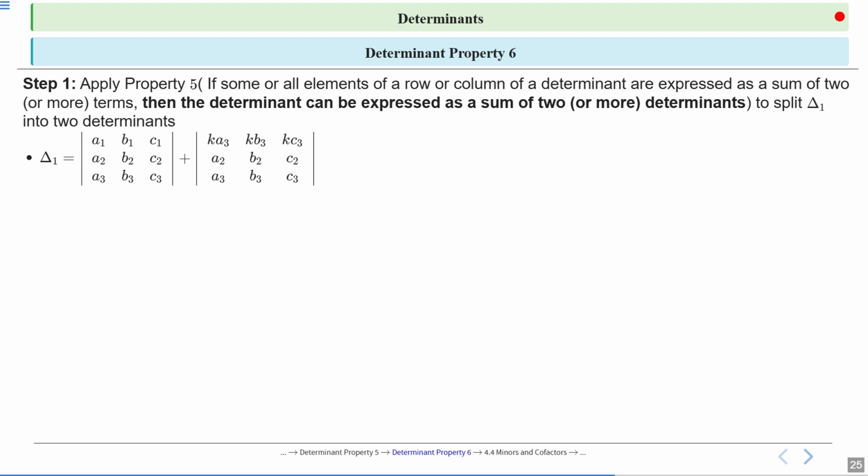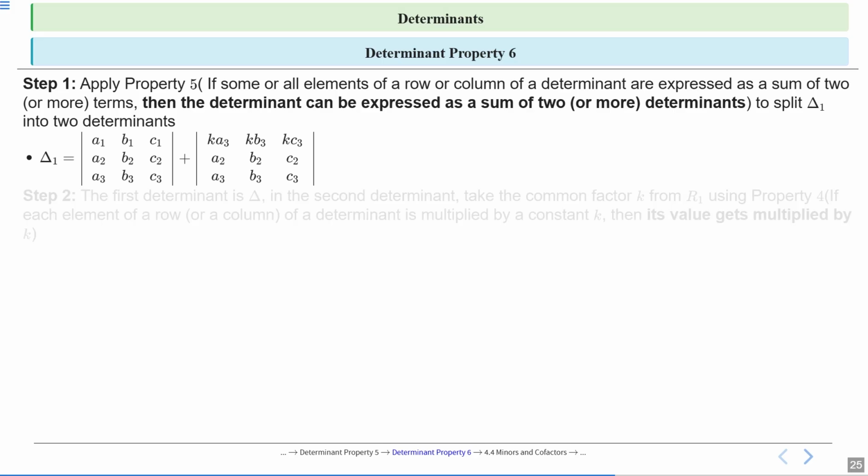Okay, so now we split determinant delta 1 as: the first row is written as a1 plus k a3, the second element of that row is b1 plus k b3, plus c1 plus k c3. So now we split it according to property 5. So delta 1 becomes the determinant a1 b1 c1, a2 b2 c2, a3 b3 c3, plus the determinant of the matrix k a3, k b3, k c3, a2 b2 c2, a3 b3 c3.